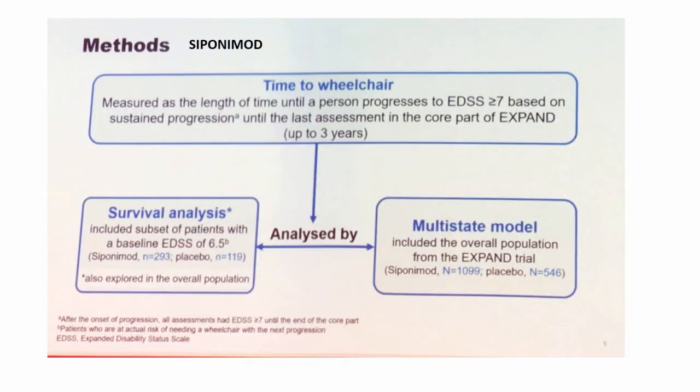So if we look at the siponimod data, one of the things which was presented was the risk of progressing from an EDSS score of 6.5 through to 7.